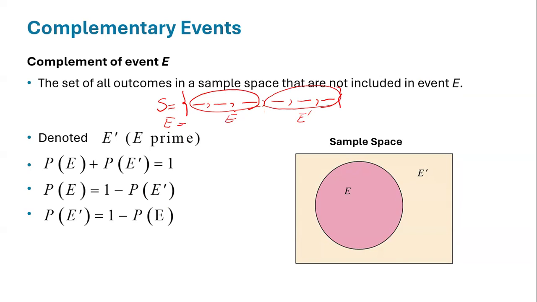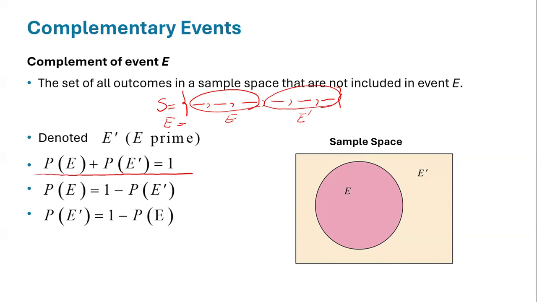So E prime, the complement of event E, is all of the outcomes in the sample space that are not in event E. Based on that, the probability of any event added to the probability of its complement is always equal to 1, because any event and its complement together contain all of the outcomes in the sample space.